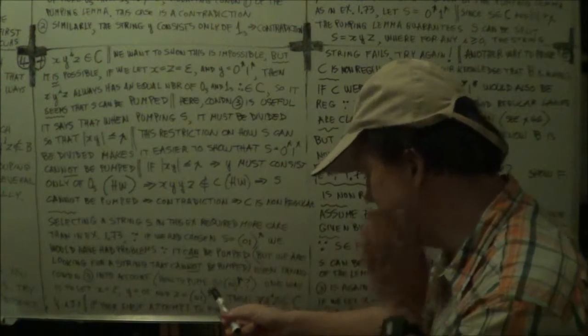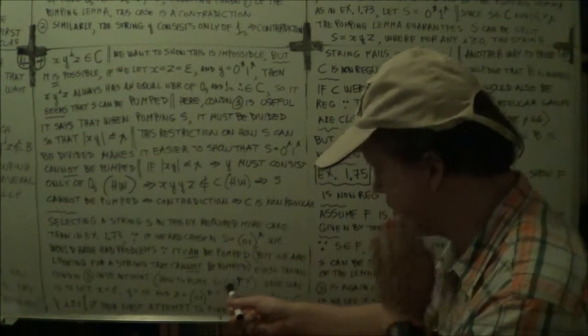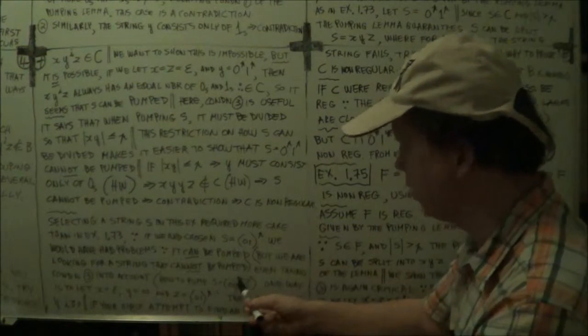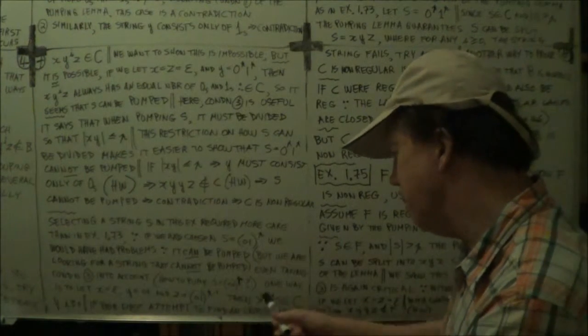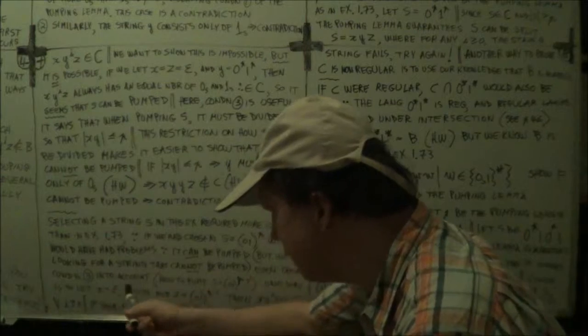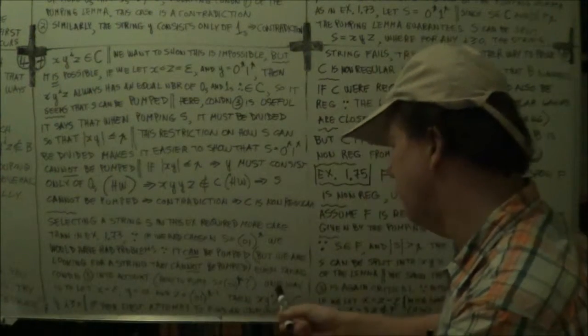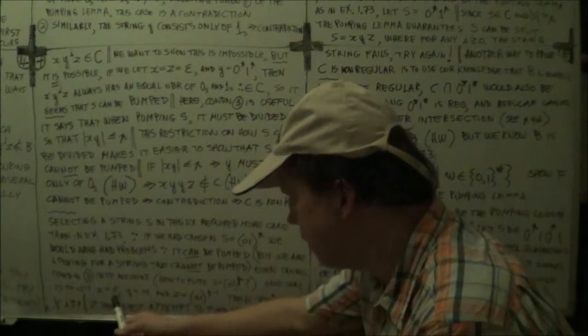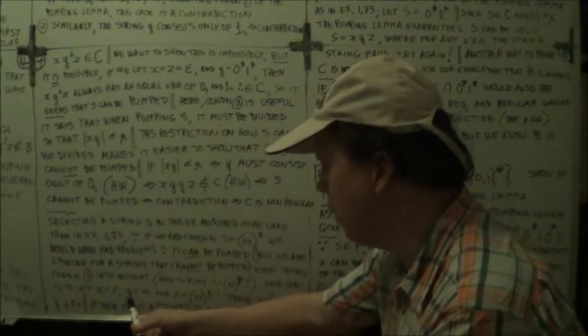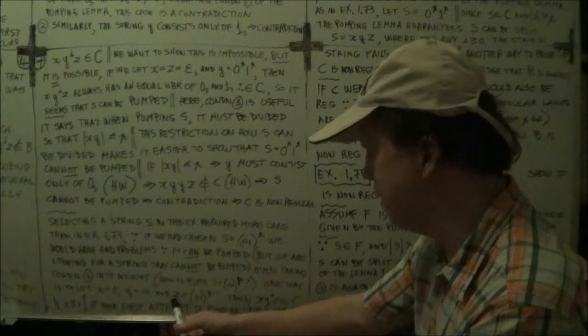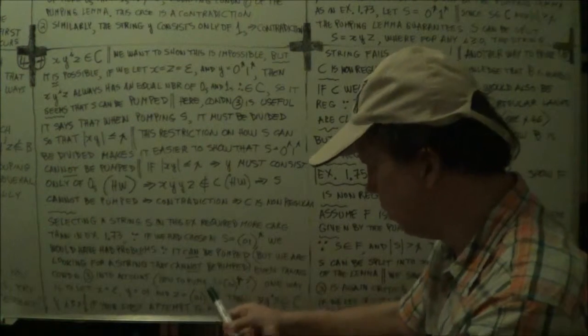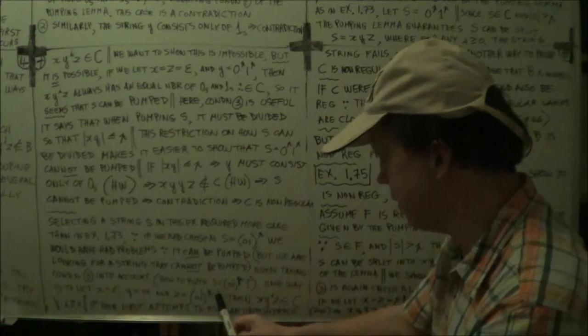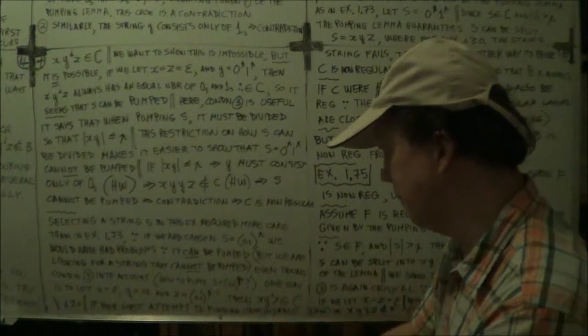So, say you did try S equals (0,1) all to the power P. Well, that can be pumped, even with this taken into account. Why? Well, let x be the empty string, let y be 0,1, and let z be (0,1) all to the power P minus 1.